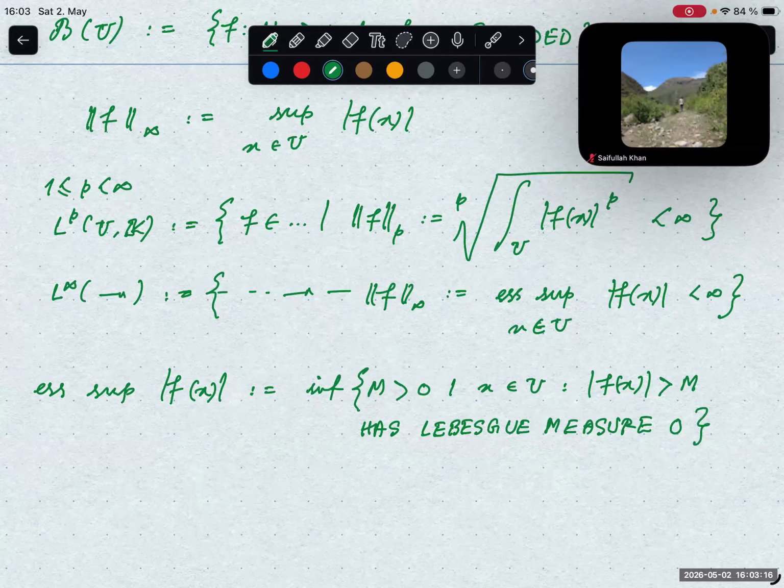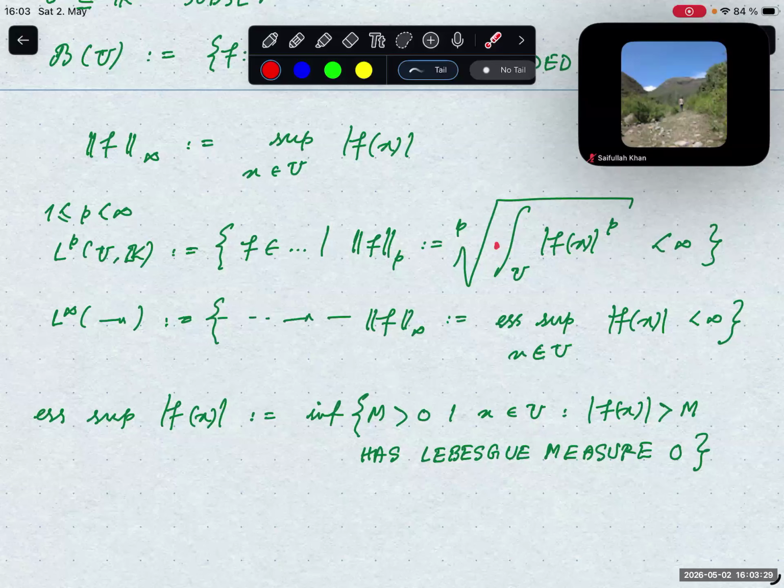Okay, so this is one of the monsters I wanted to avoid, but as you see, I cannot avoid it. Let me give a very heuristic idea if you are not familiar. By Lebesgue measure zero, you can intuitively think, say you have something here which integrates to zero, then you cannot detect whether this thing has been integrated or not. If you add the integration of something and this thing is zero, then you cannot say whether you added it or not.